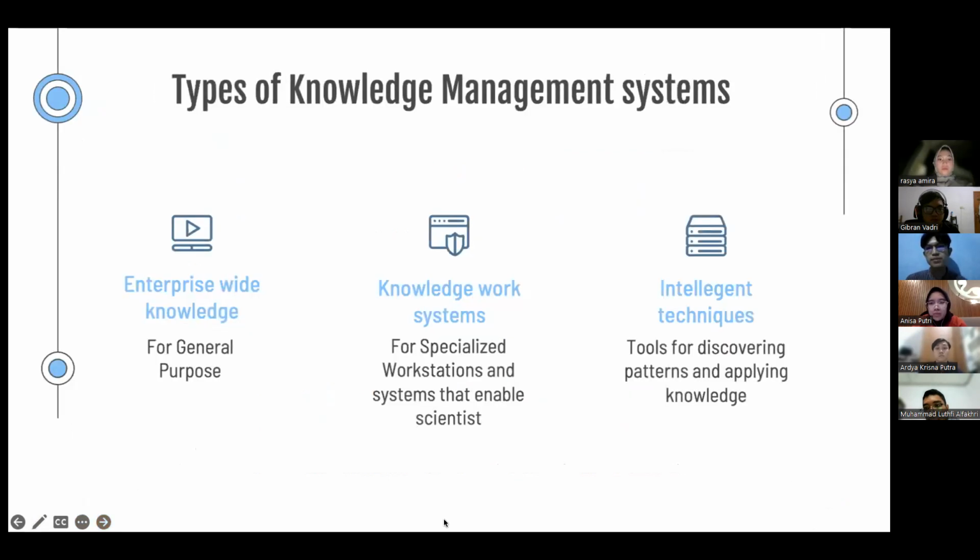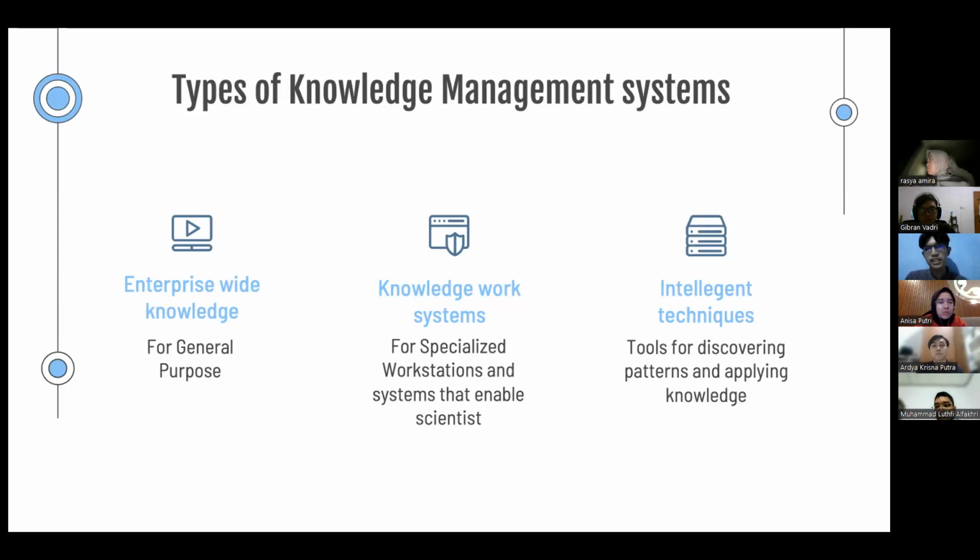There are types of knowledge management systems. The first one is enterprise-wide knowledge management systems. It's about general-purpose, integrated, firm-wide efforts to collect, store, disseminate, and use digital content and knowledge, like enterprise content management systems, collaboration and social tools, and learning management systems.